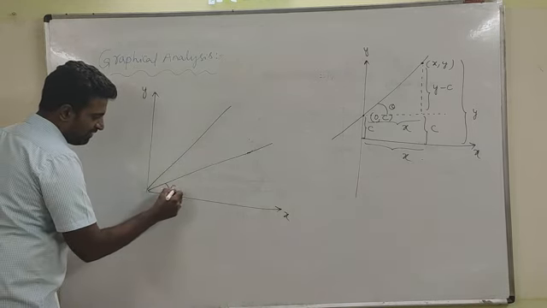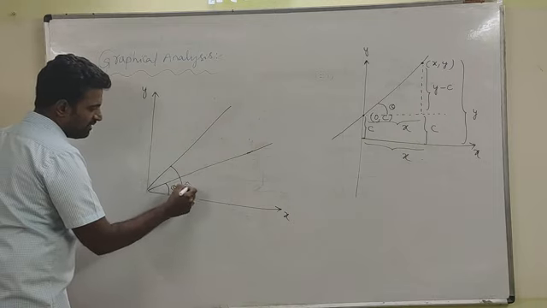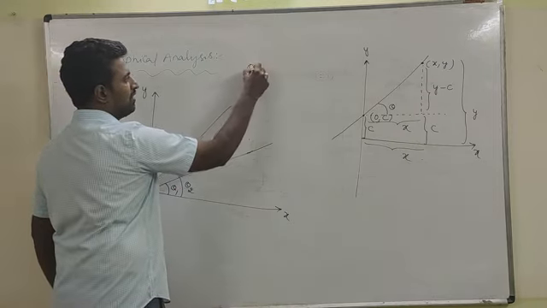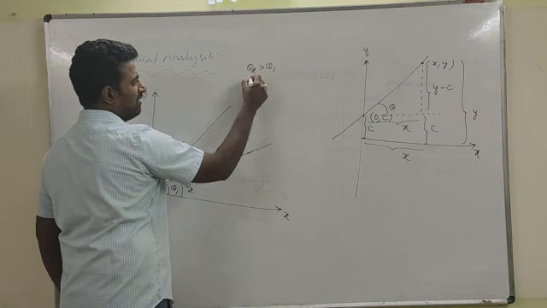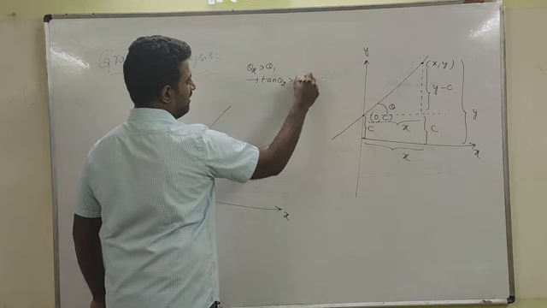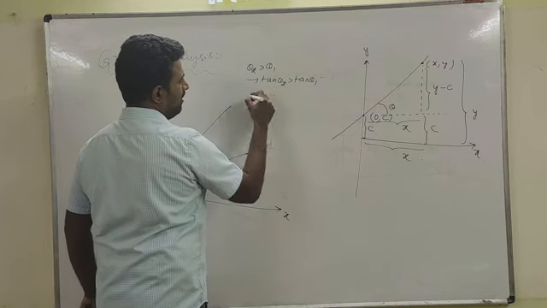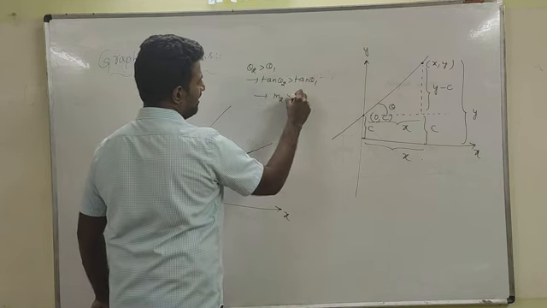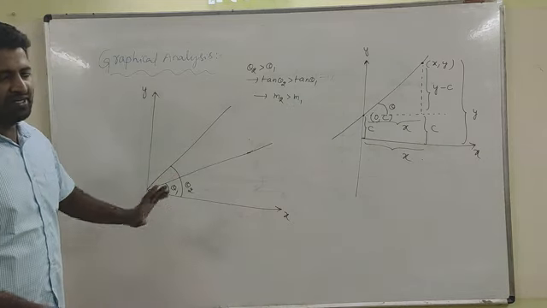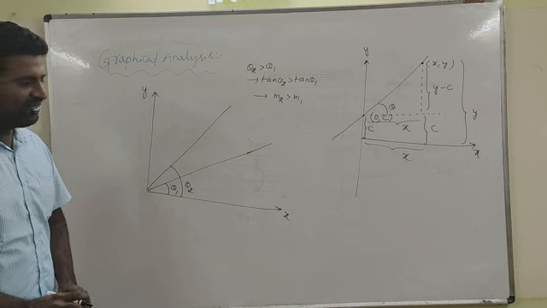One is making theta 1 angle with the positive x-axis, other one is making theta 2 angle. Clearly, theta 2 is greater than theta 1, implies tan theta 2 will be greater than tan theta 1, implies m2 will be greater than m1. This rule is applicable when both the thetas are less than 90 degrees.